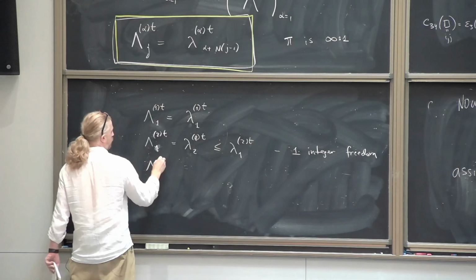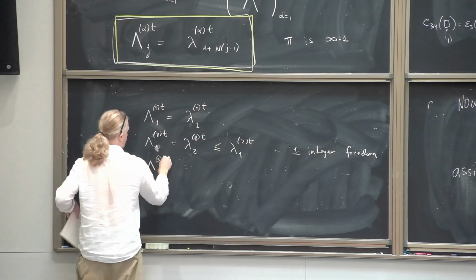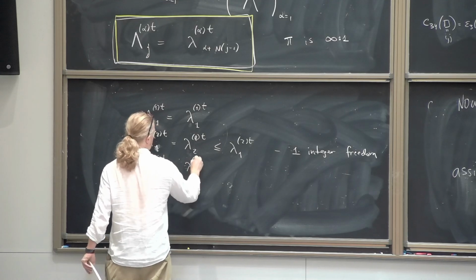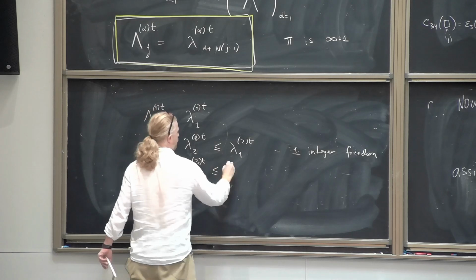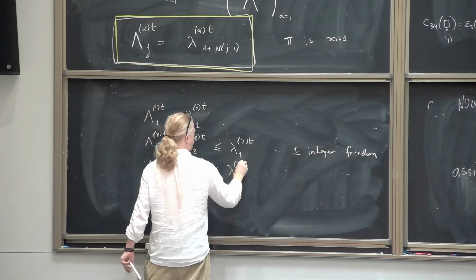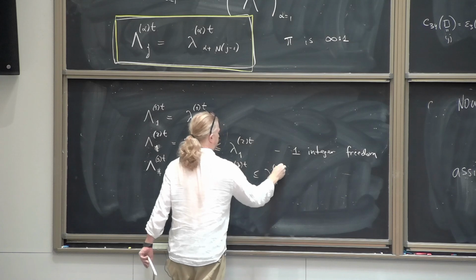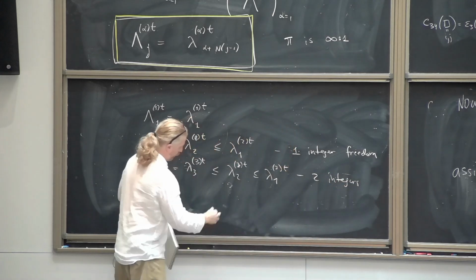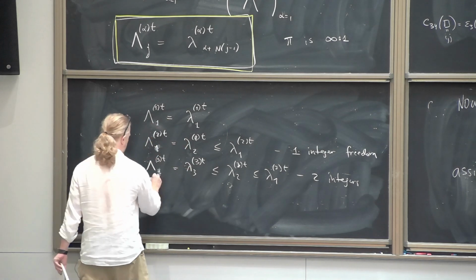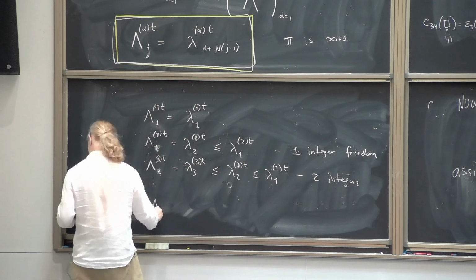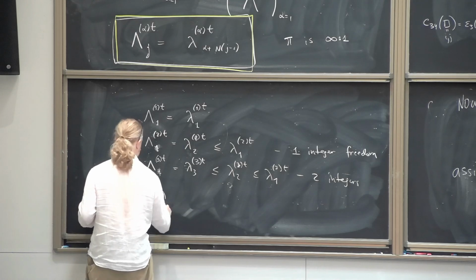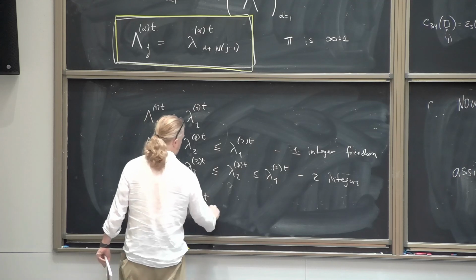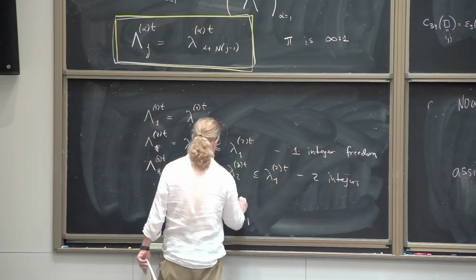If I go to lambda 1, 3, I have now two integers, which are ordered. And if I go all the way to lambda n transposed, that's lambda n, and so I have now n minus 1 integers.